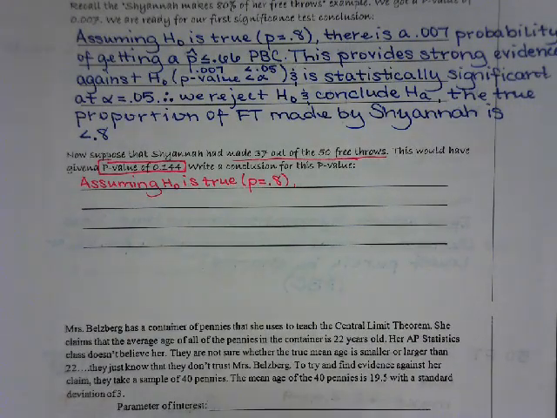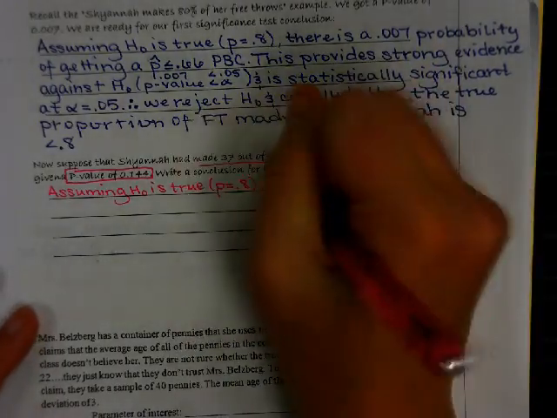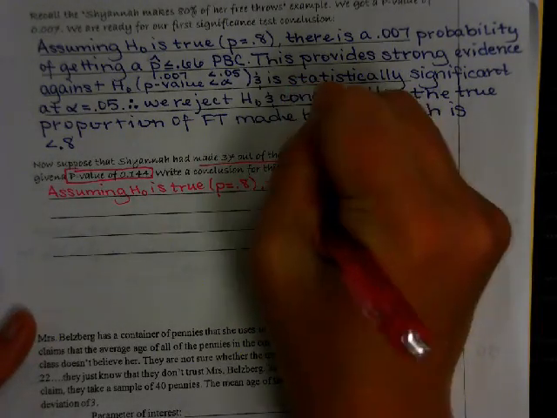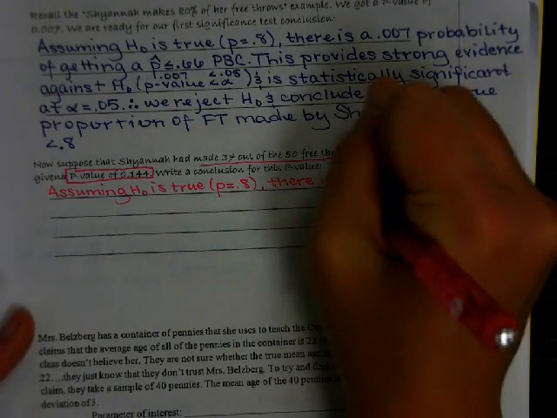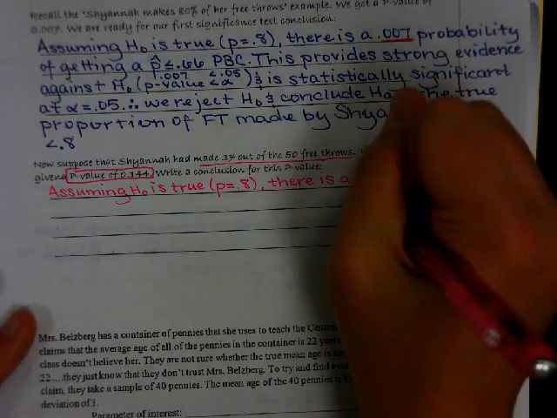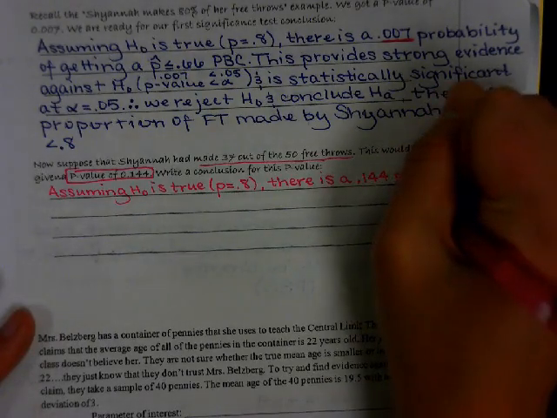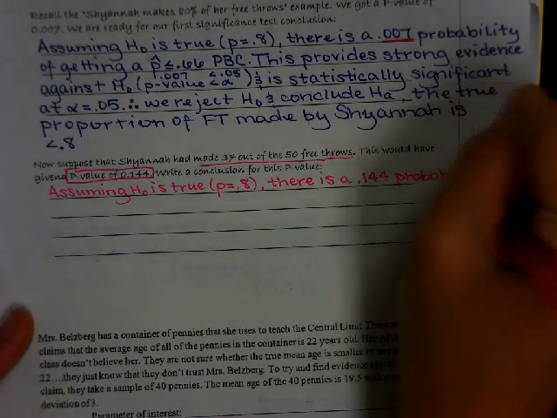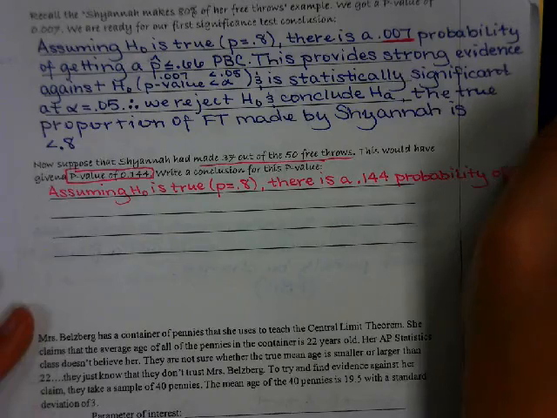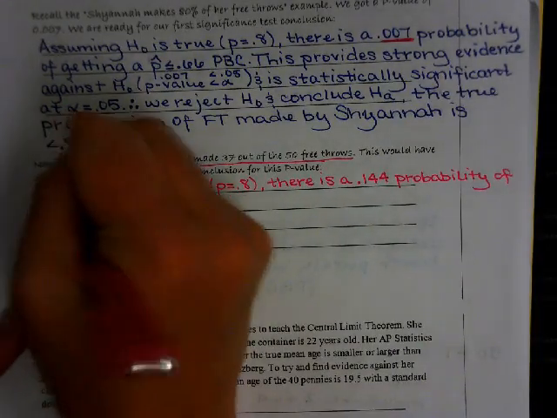We don't have a p-value of 0.007 anymore, it's 0.144. So we say there is a 0.144 probability of getting a p-hat, and that changed also. So 37 out of 50, that'd be what, 0.74? So we're going to say p-hat less than or equal to 0.74 purely by chance.